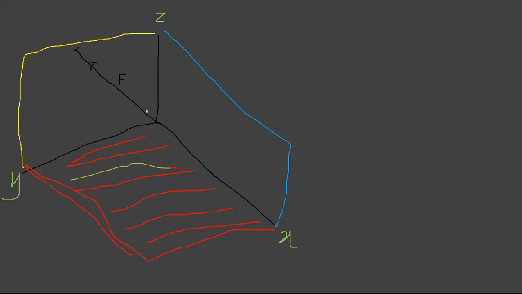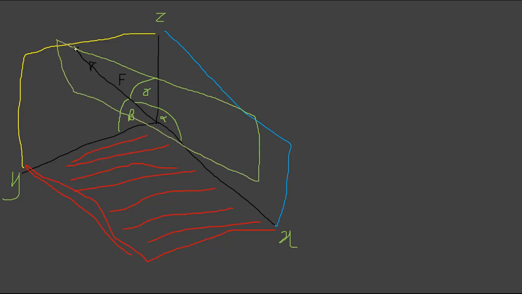Let's say this vector forms an angle with respect to the x-axis, let's say alpha, and this would form an angle of, say, beta. Let's say this forms an angle of, say, gamma, right? Where F would lie in a plane like this, okay?